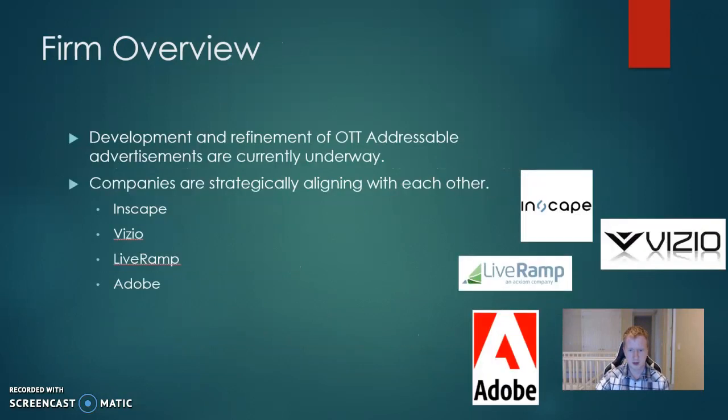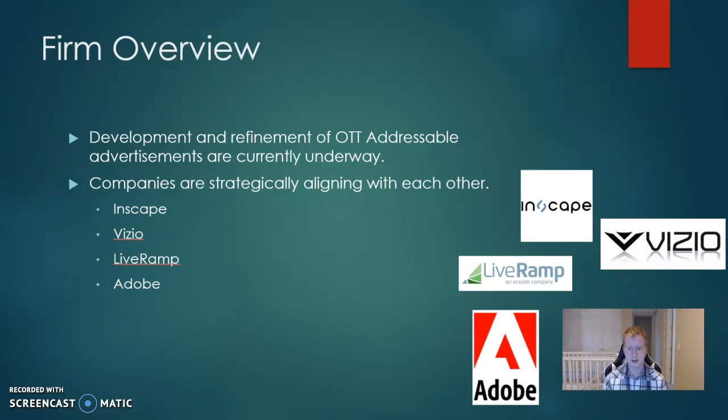So next, I'm going to talk about the firm overview. The article discussed several companies that are looking to monetize and capture the revenue that could come from addressable advertisements. It discussed the development and refinement of OTT addressable advertisements, which is currently underway, and it's getting better and better.